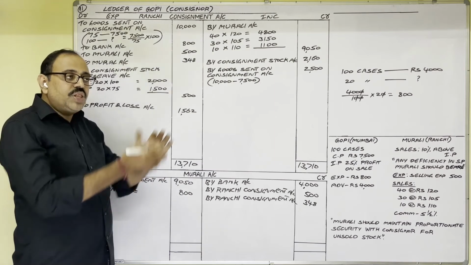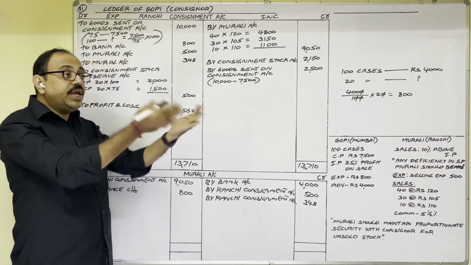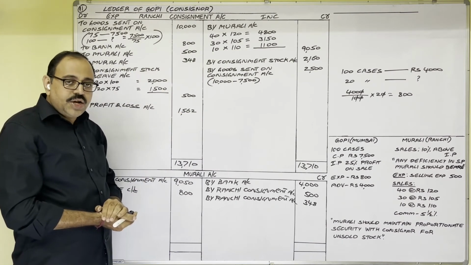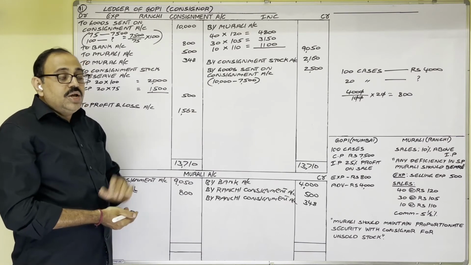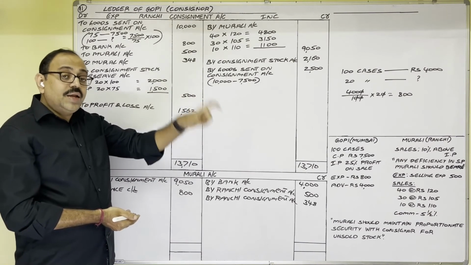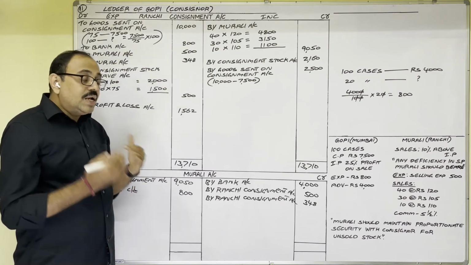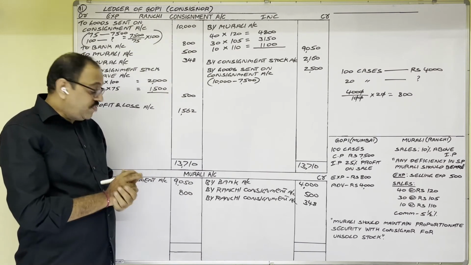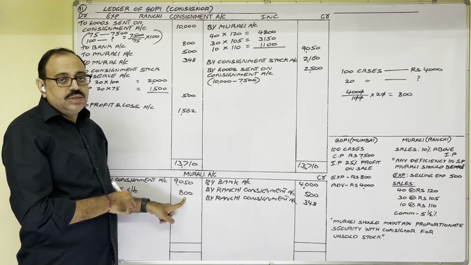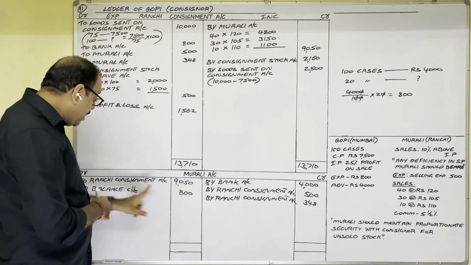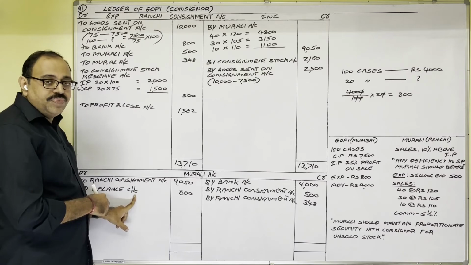So without receiving sale proceeds, we have taken advance from him, 800 rupees. In future, Murali is going to deduct that 800 from 20 cases sale proceeds. Thus, consignor is liable to consignee for this 800 rupees advance. That is why for this 800, I have written balance carried down.